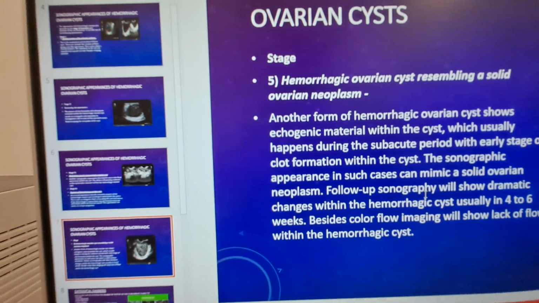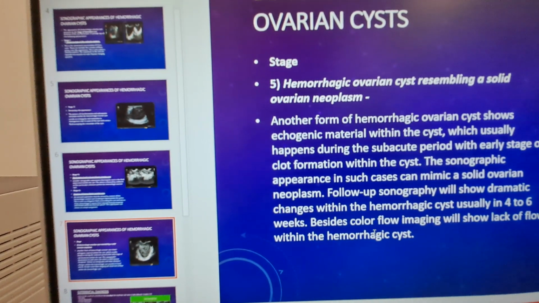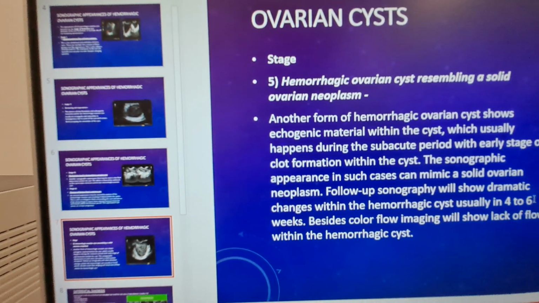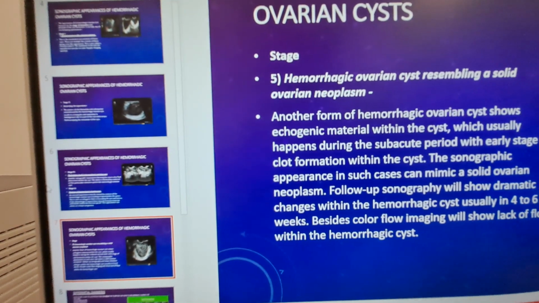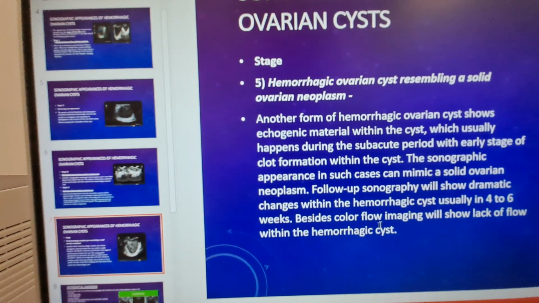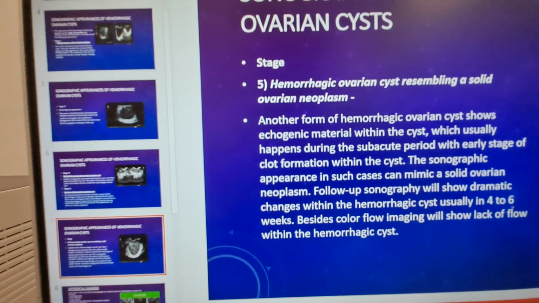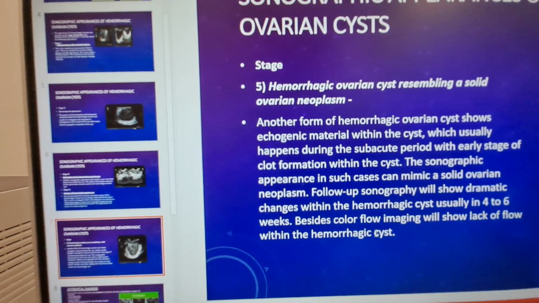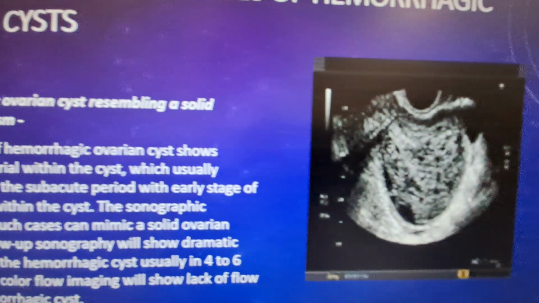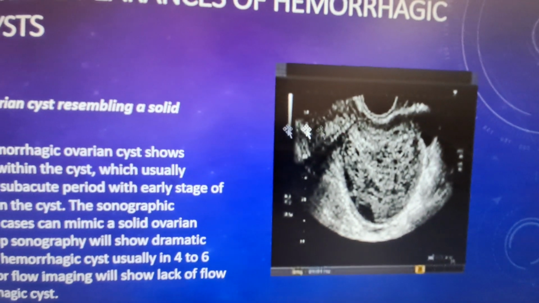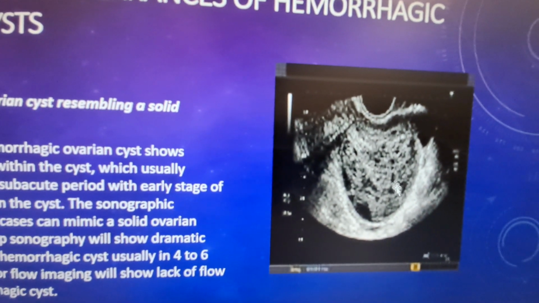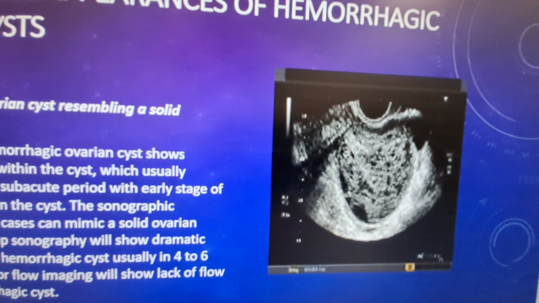The follow-up ultrasound shows dynamic changes within the hemorrhagic cyst, usually 4 to 6 weeks after. Besides, color Doppler flow imaging shows a lack of vessels around the hemorrhagic cyst, but you see the hemorrhage going to the solid component, and this looks like a mass.